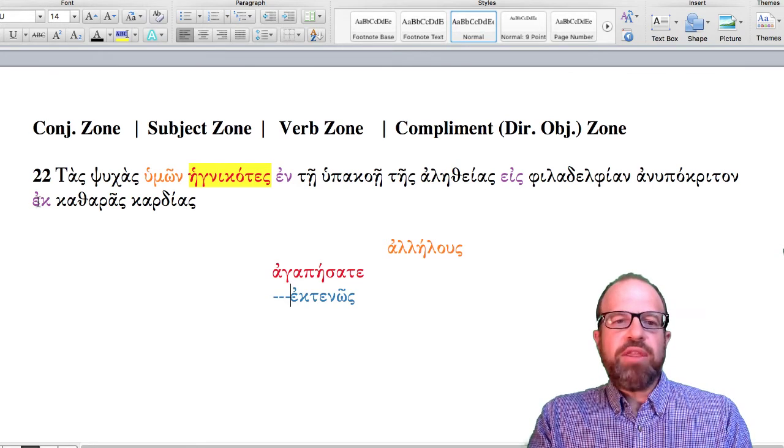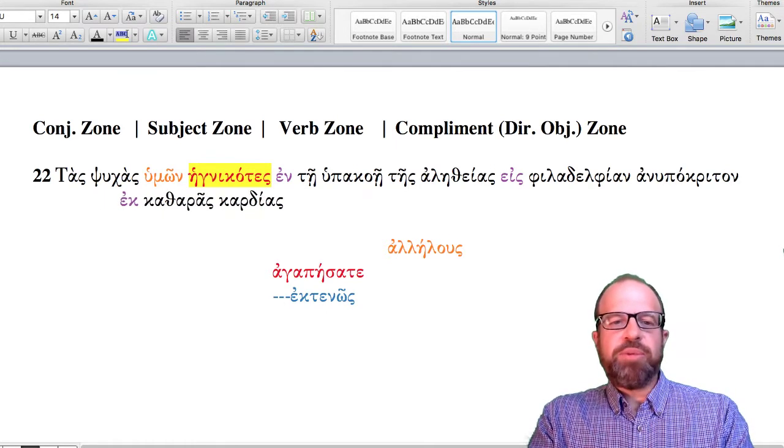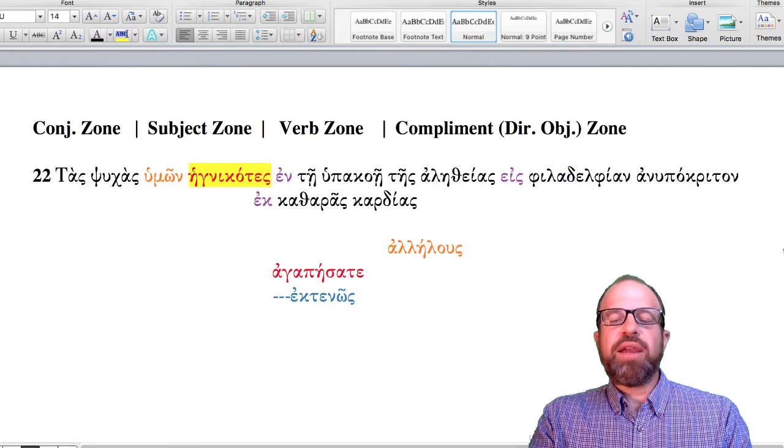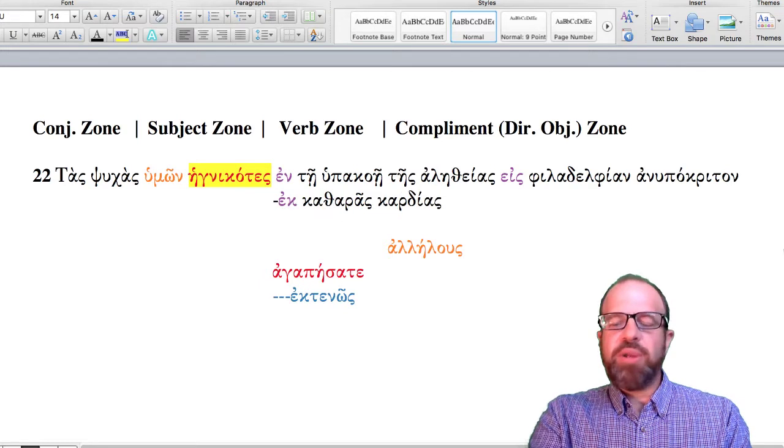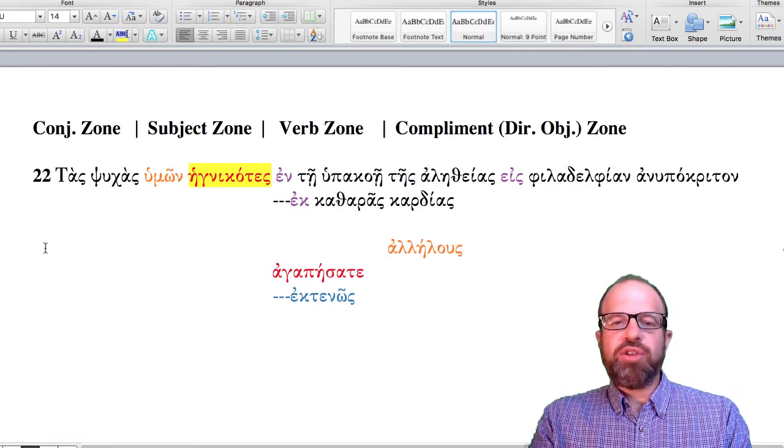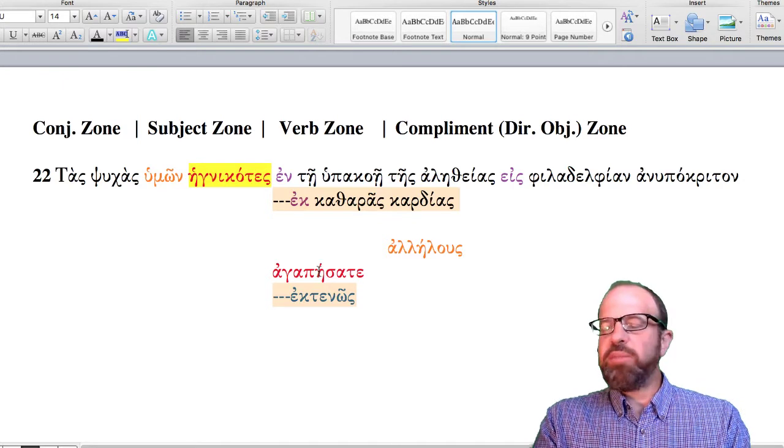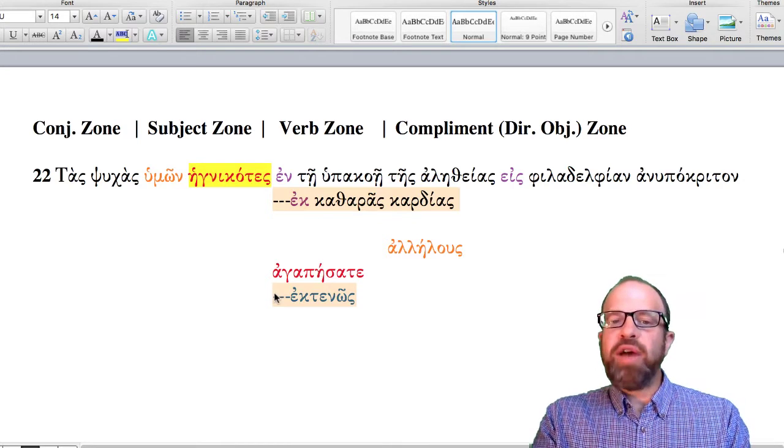Now, the other thing, we have another modifier that is a prepositional phrase, ek katharas kardias. And so I'm going to place that also above the verb, and basically what's happening is that these modifiers are placed above or below, depending on where they may be found, what they modify, and they indent them 3 spaces over.